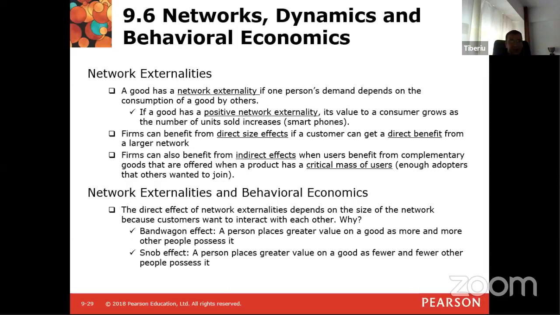The direct network externality depends on the size of the network because customers want to interact with each other. Why? Bandwagon effect: a person places greater value on a good as more and more people possess it. Snob effect: a person places greater value on a good as fewer and fewer people possess it.